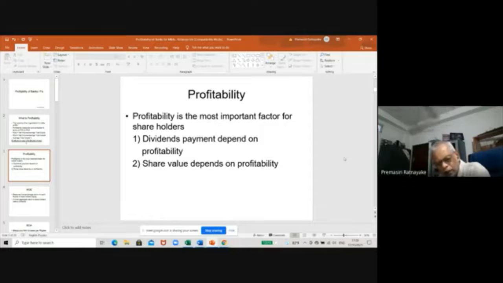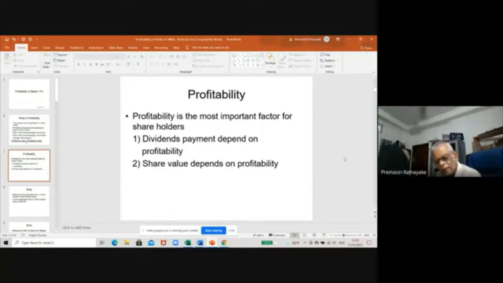And that is also going to contribute to the share value, which depends on profitability. When there is high return, the existing shareholders will not think of exiting from the investment; they will hold on to the share ownership. But the moment profitability declines, the existing shareholders too will think of selling the shares they own.